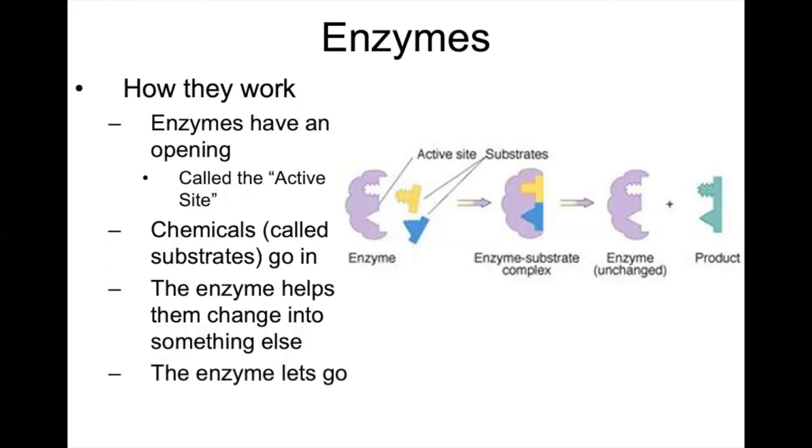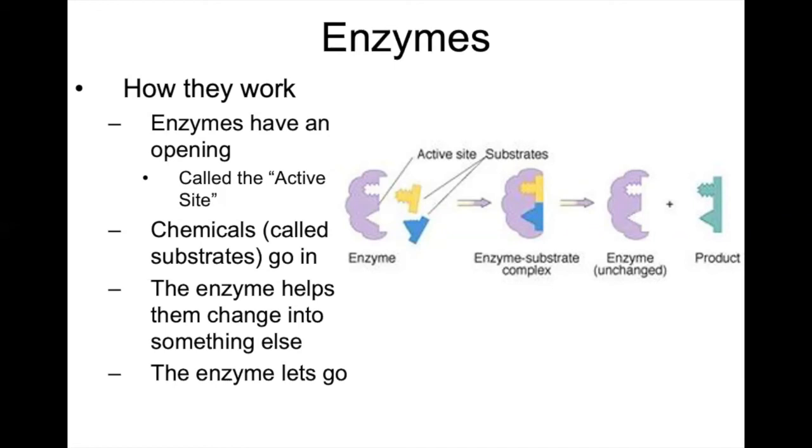And then when it's done, the enzyme lets go. And here's the thing, the substrates changed. It was two smaller monomers and became one big polymer, but the enzyme did not change. The guy looks exactly the same way it looked before because it's not actually involved in the chemical reaction. It's a tool to make the chemical reaction happen.